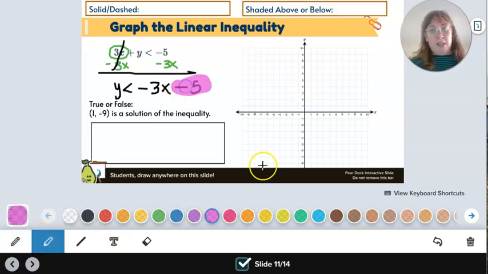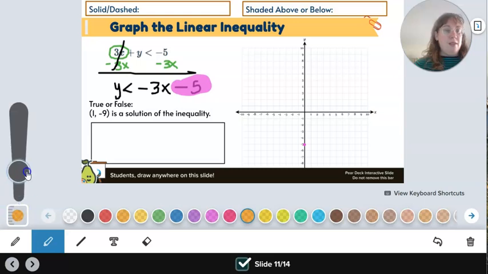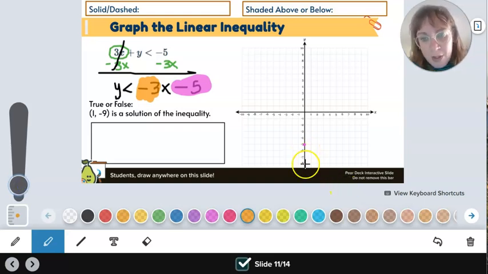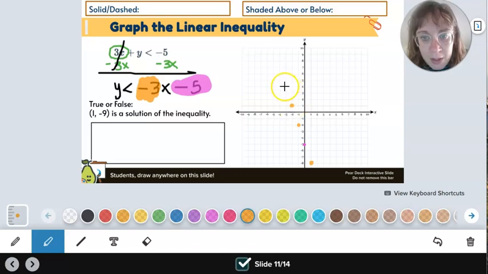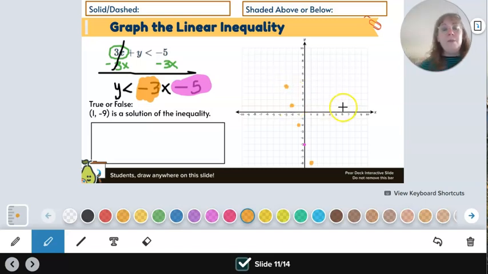Our y-intercept is -5, so we'll start by plotting that -5. And our slope is -3. So from the y-intercept, we can go down 3 over 1, or we can go up 3, left 1. Up 3, left 1. Perfect, like so.